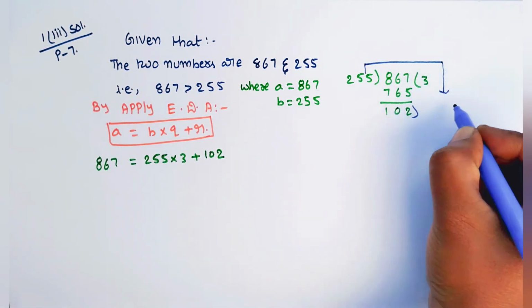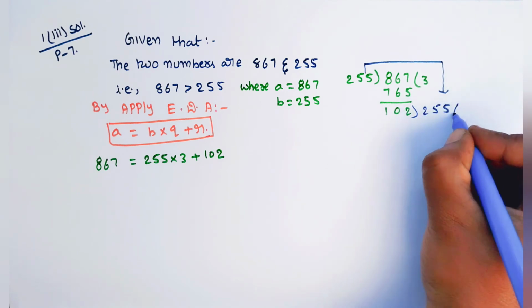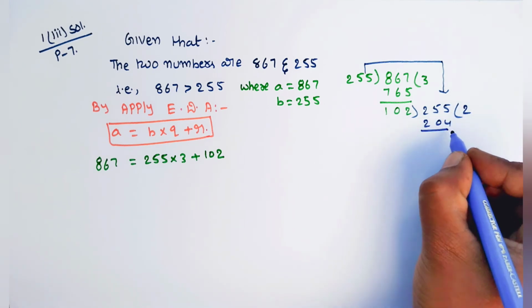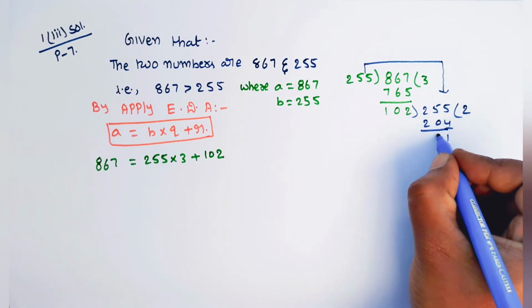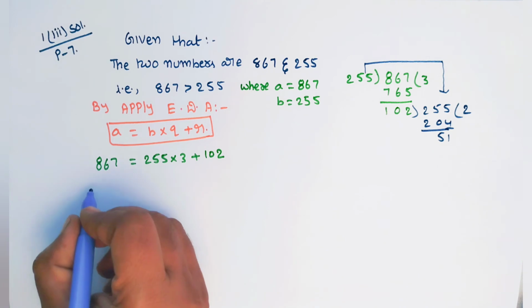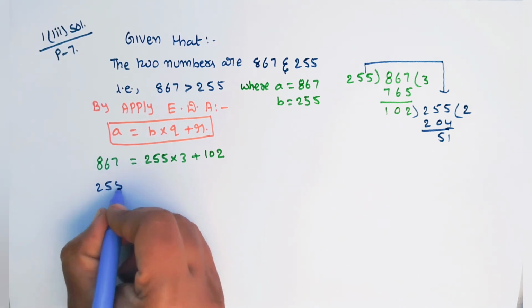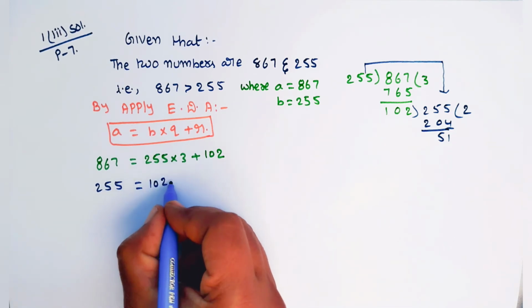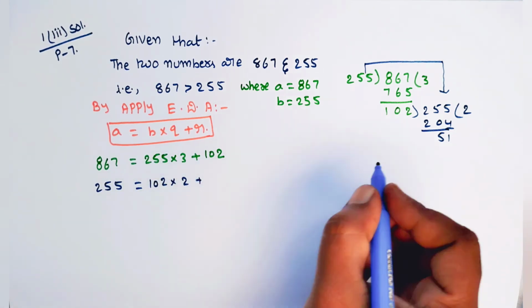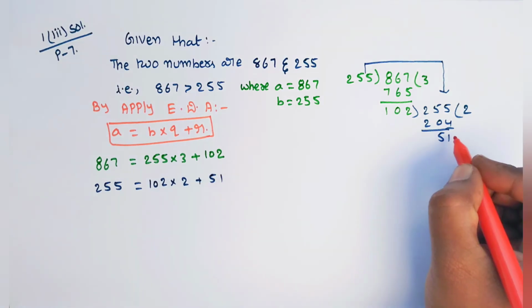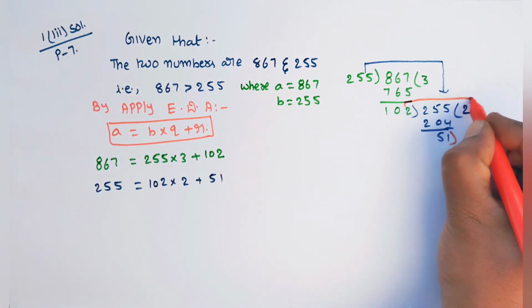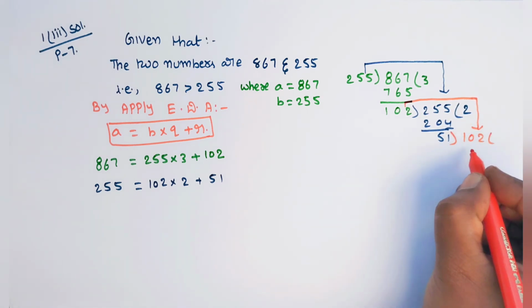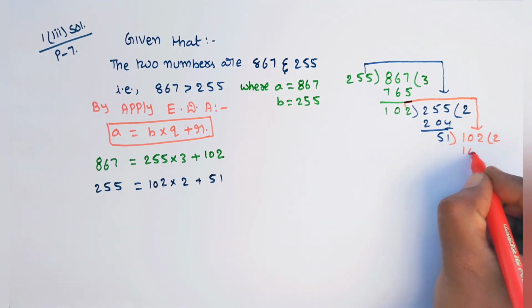The previous divisor value 255 comes as the dividend. So 102 2s are 204, 5 minus 4 is 1, 5 minus 0 is 5, where A equals 255 equals B into Q, that is 102 into 2 plus remainder 51. So the previous 102 comes as the dividend. 51 2s are 102.